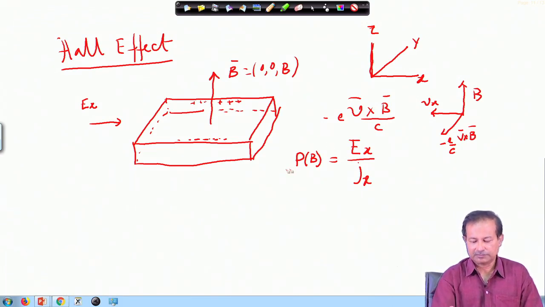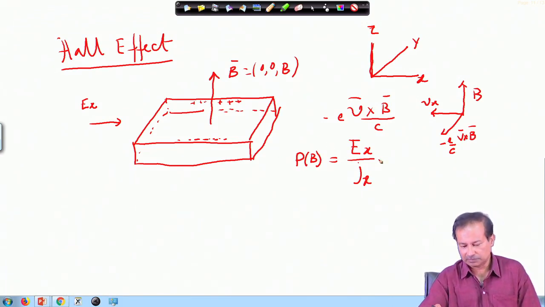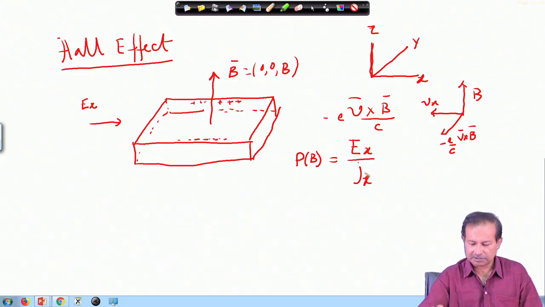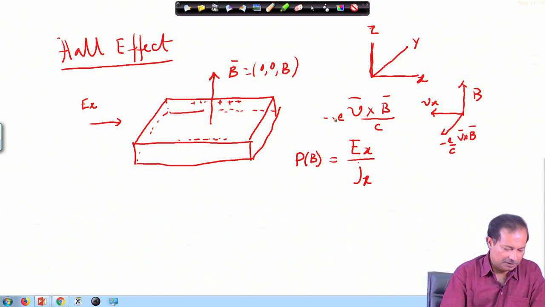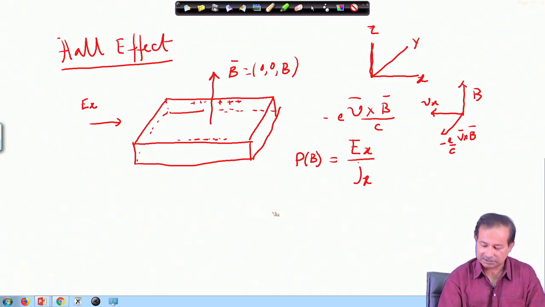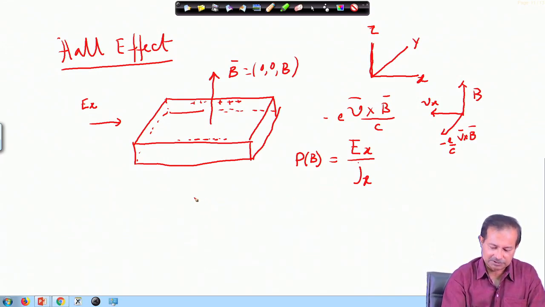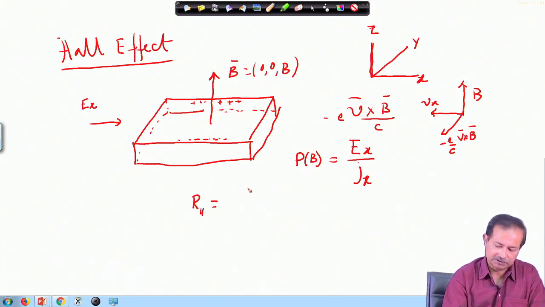Had there been no magnetic field, this is just the resistivity that we would calculate, but because there is a magnetic field, this is called magnetoresistance. And then there is another very important quantity, R_h, called the Hall constant, whose definition is E_y by J_x times B.